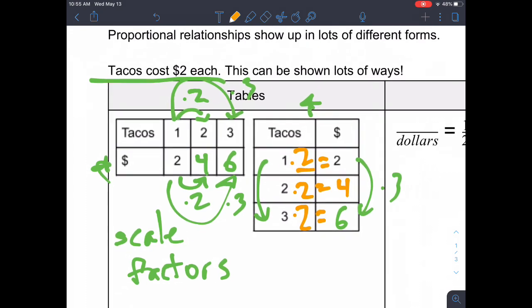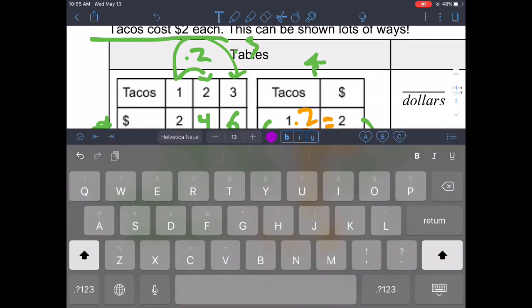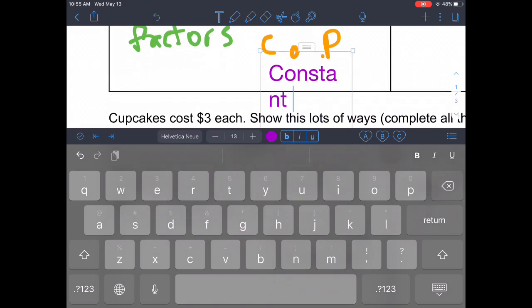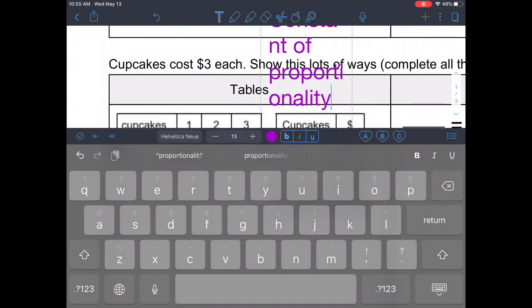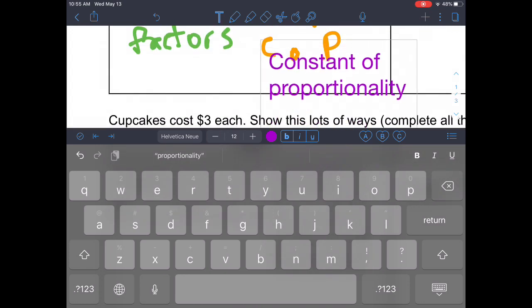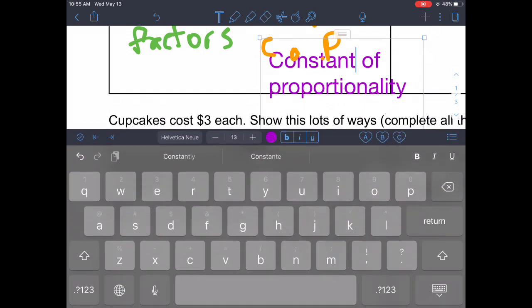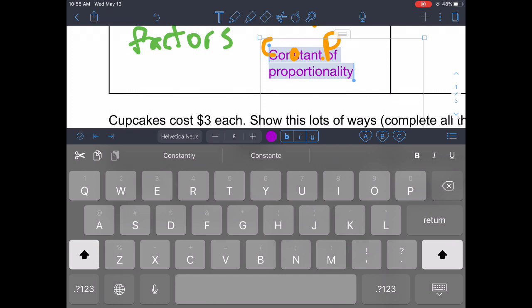So that 2 that we figured out is our constant of proportionality. Constant of proportionality. And this is way bigger than I want it to be.